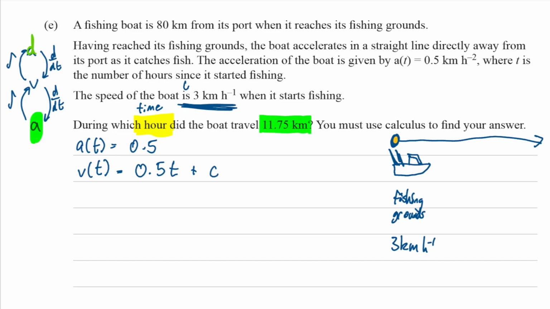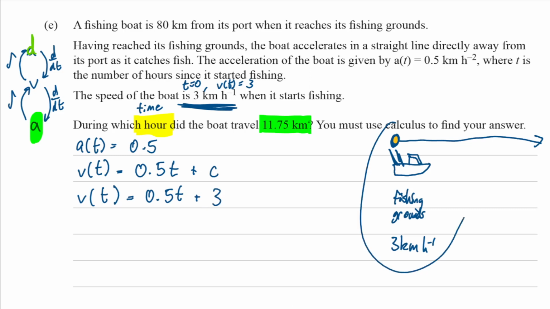So as a point, when time is 0, speed is equal to 3. We could substitute 0 in for t and 3 in for v, and we would get that c equals 3, the initial speed. So as an equation, the speed is 0.5t plus 3. Again, the 3 is the speed when the boat starts fishing. Okay, so we've already found the speed equation.